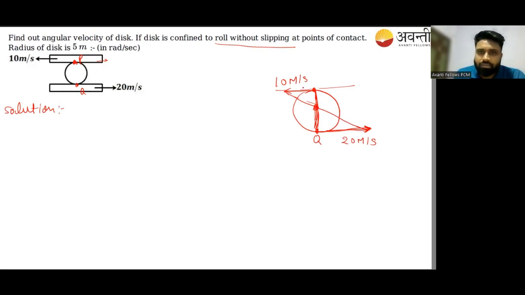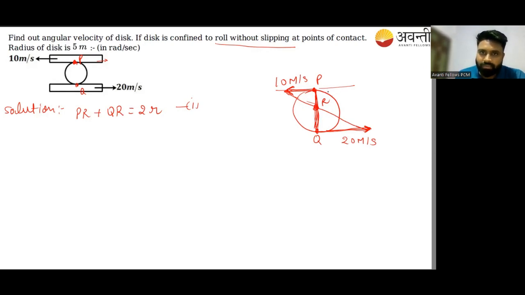So the angular velocity of this disk about this point will be the same. So here you will say that if this is point P and this is point, let's say R, then PR plus QR here is nothing but the diameter, which is 2 times the radius of the disk. Okay. Because it is rolling without slipping, the angular velocity of every point in contact will be the same.